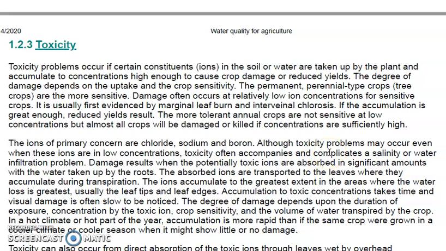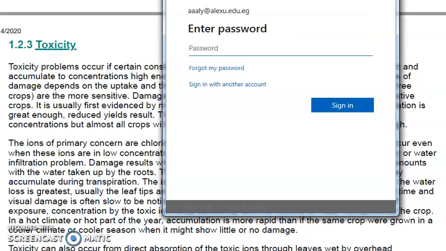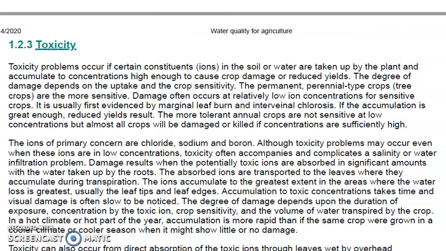Although a toxicity problem may occur even when these ions are in low concentration, toxicity often complicates a salinity or water infiltration problem. Damage results when potentially toxic ions are absorbed in a significant amount with the water taken up by the root.